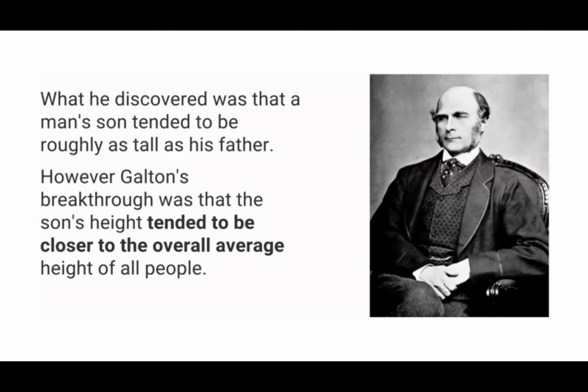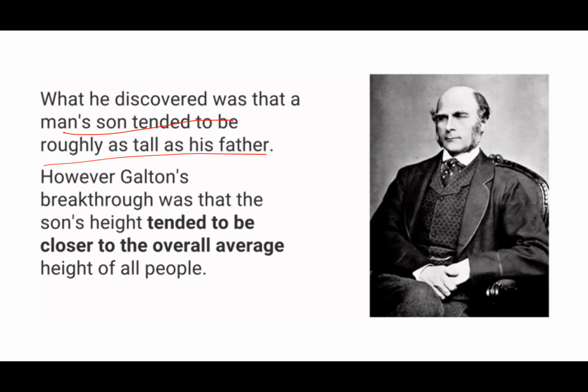Now what he observed was that in the general case, if you take 100 people, if the father is tall, the son is going to be tall. If the father is short, the son is going to be short, right? A man's sons tended to be roughly as tall as his father.